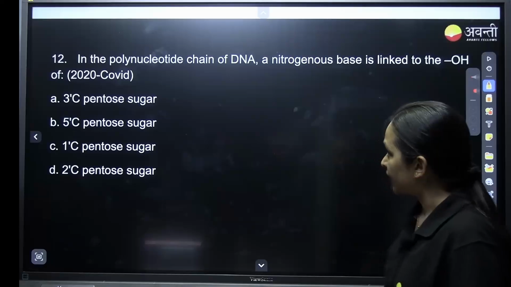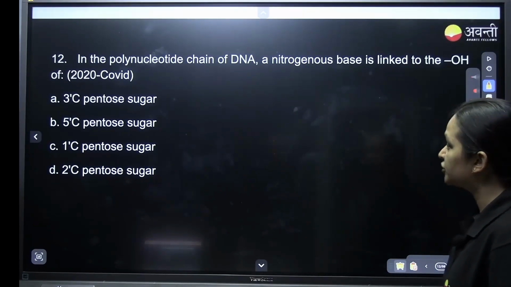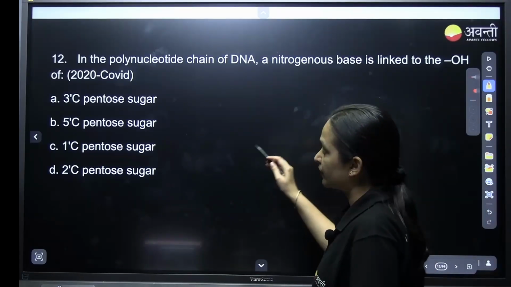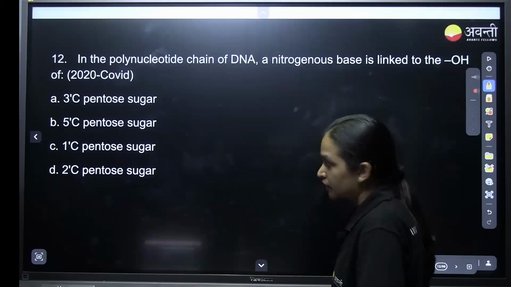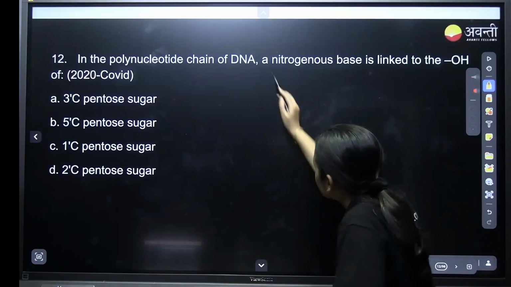In a polynucleotide chain of DNA, a nitrogenous base is linked to the OH of sugar, which prime? Nitrogen base.